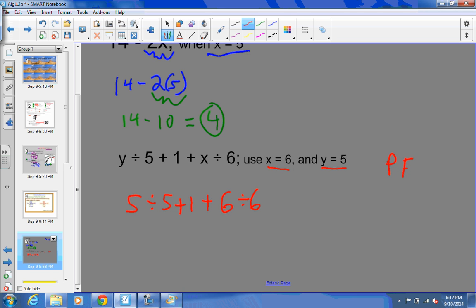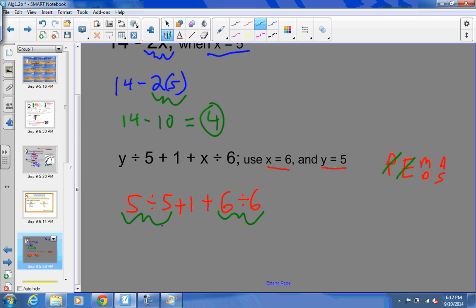And again, PEMDAS. There are no parentheses. There are no exponents. There is division though, so we'll do all the division first. You do go left to right, but it's just division.